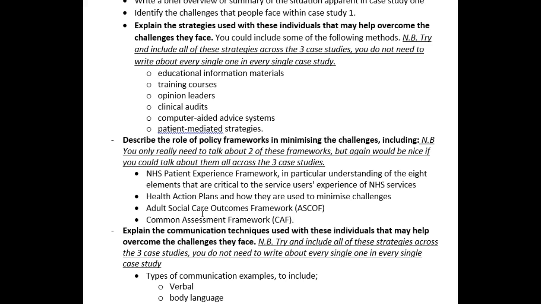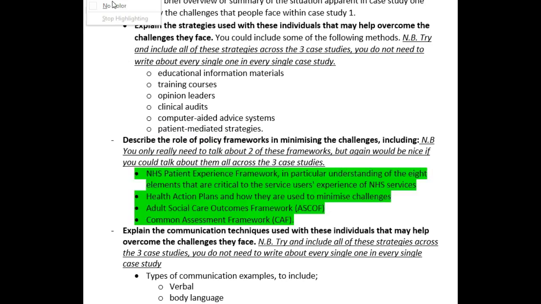Or if you're looking at adults with learning difficulties, maybe you would be looking at the Adult Social Care Outcomes Framework. And again, just explaining how these can help overcome the challenges that people face, how they can be a support.